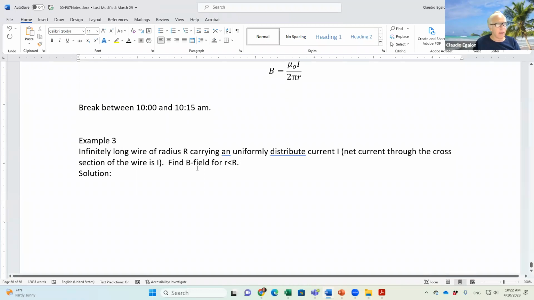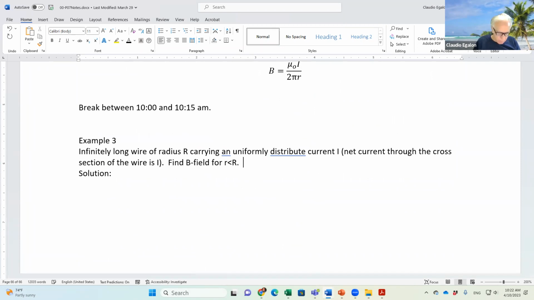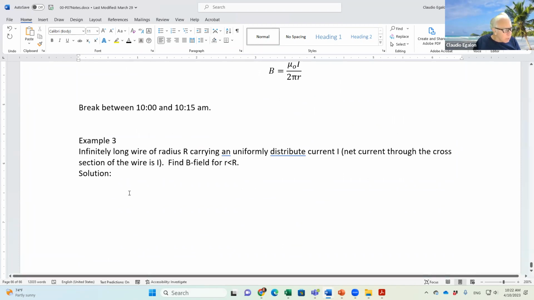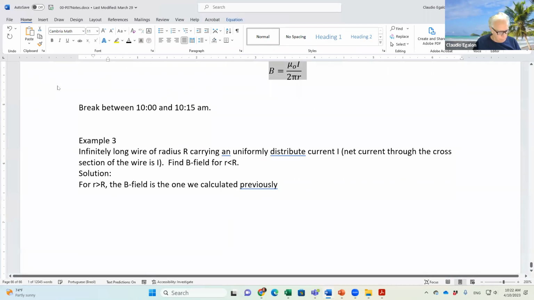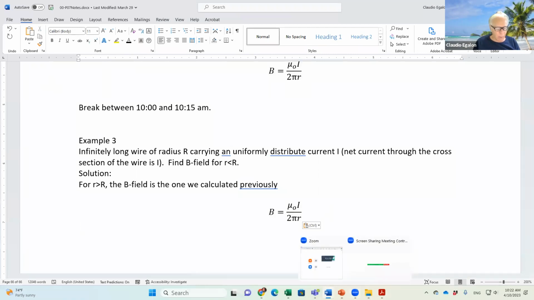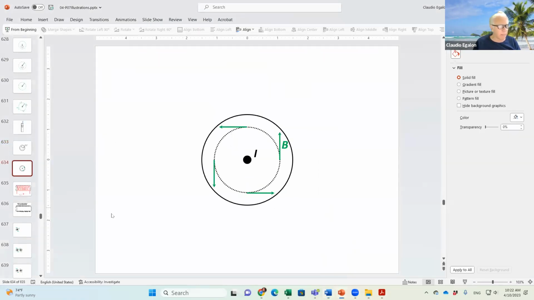Okay? And what you're going to do, for r greater than big R, the B field is the one we calculated previously. Why is that? Because we're going to have an Amperian loop.